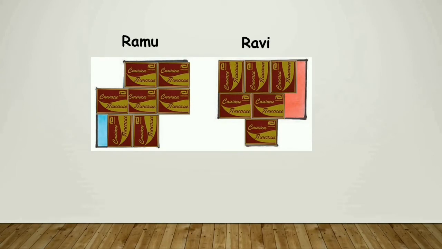Now count the number of matchboxes that have covered both Ramu's sheet and Ravi's sheet. The number of matchboxes for Ramu's sheet is 7 and some space is also there. And coming to Ravi's, it is only 6 and some space is there. So neglecting the space, Ramu's sheet covered 7 matchboxes and Ravi's sheet covers 6 matchboxes.